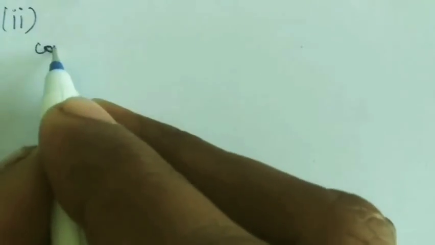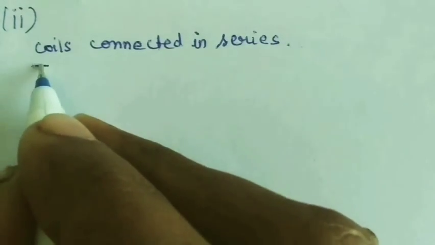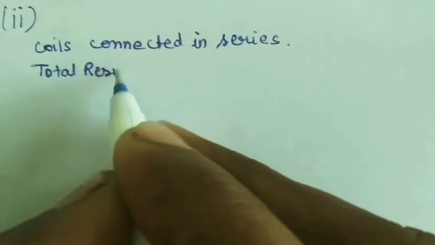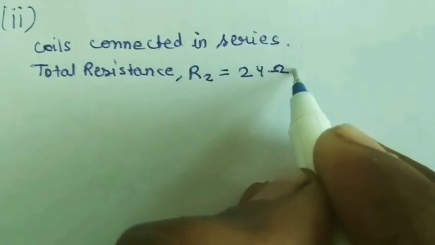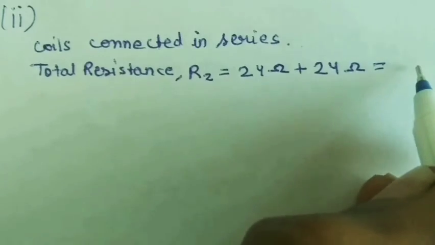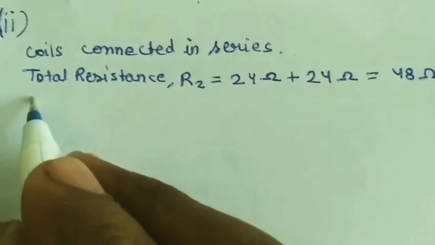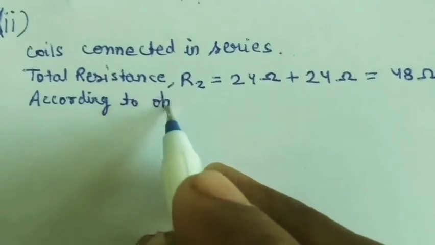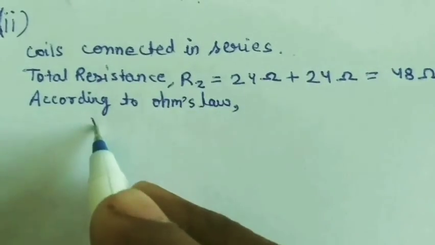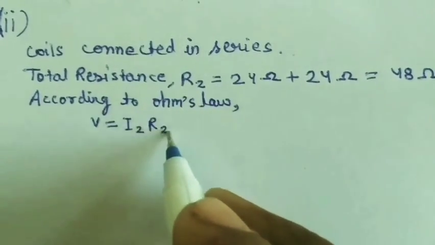Second part, coils connected in series. Total resistance R2 is equal to 24 ohm plus 24 ohm is equal to 48 ohm. According to Ohm's law, V is equal to I2 R2.